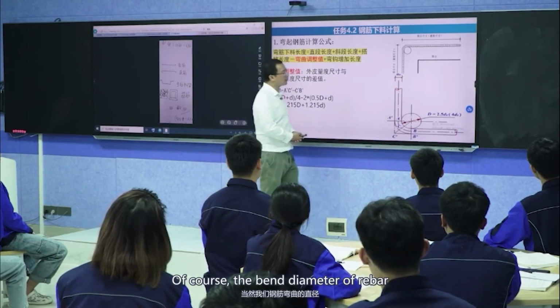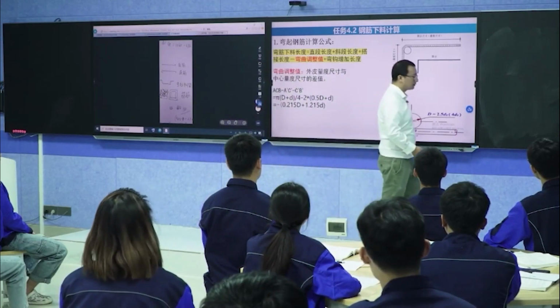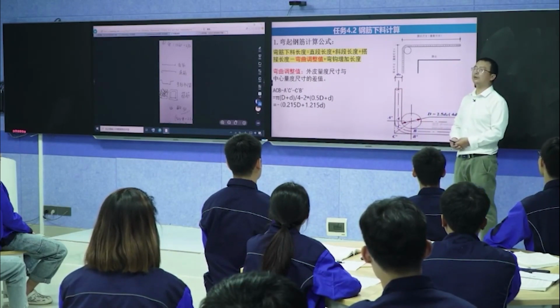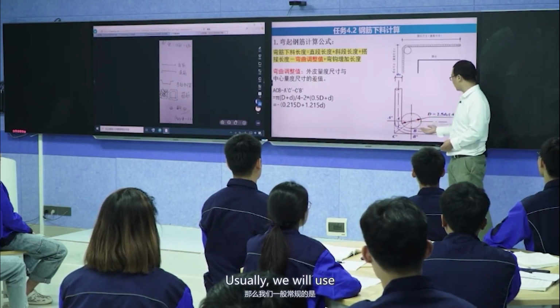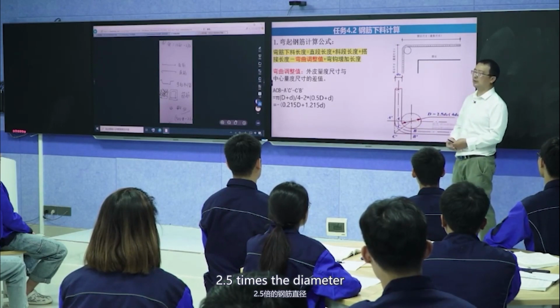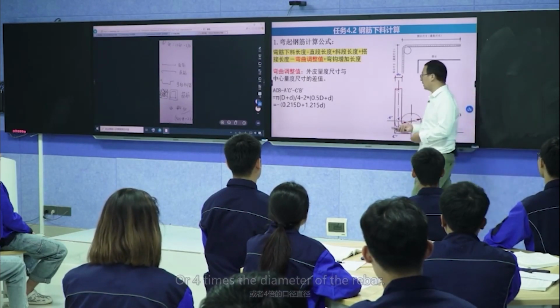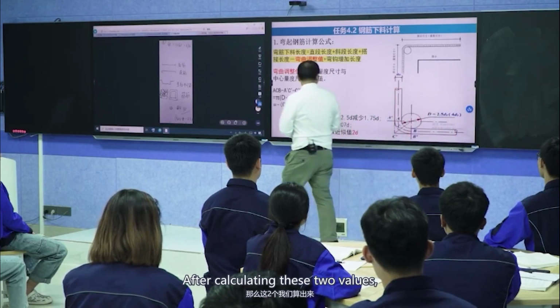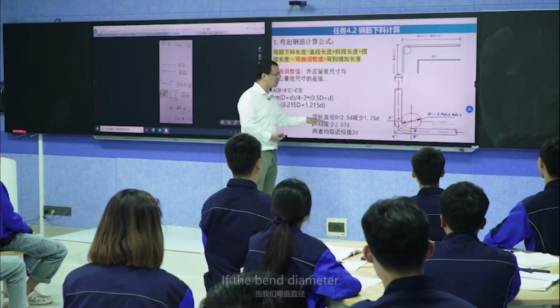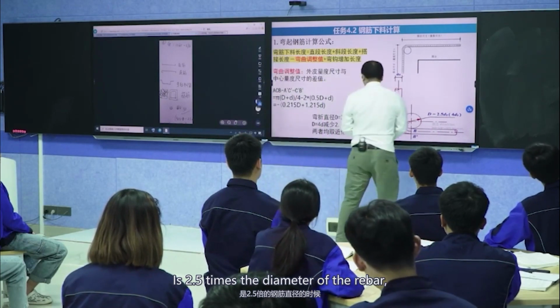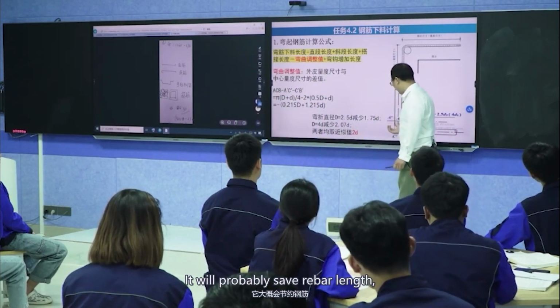Of course, the bend diameter of rebar depends on its size. Usually we will use 2.5 times the diameter, or 4 times the diameter of the rebar. After calculating these two values, if the bend diameter is 2.5 times the diameter of the rebar, it will save rebar length.